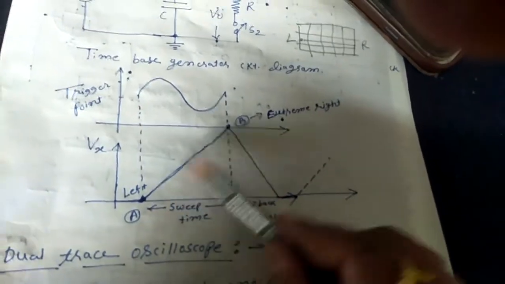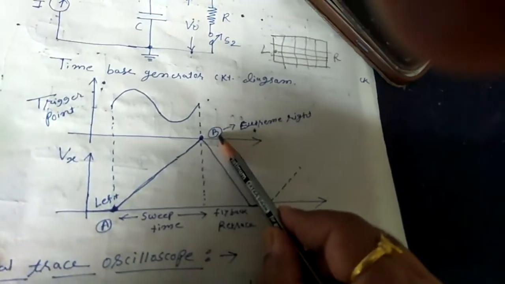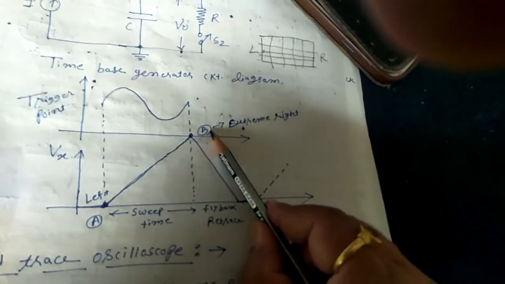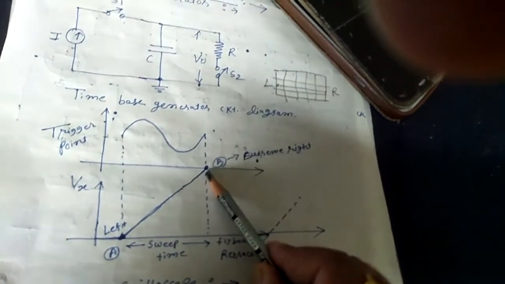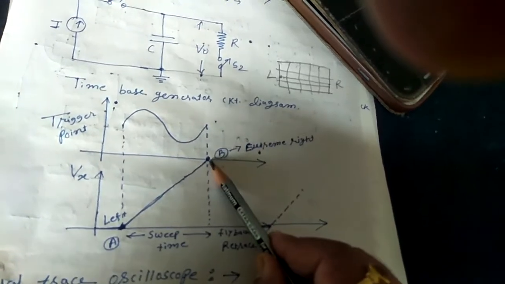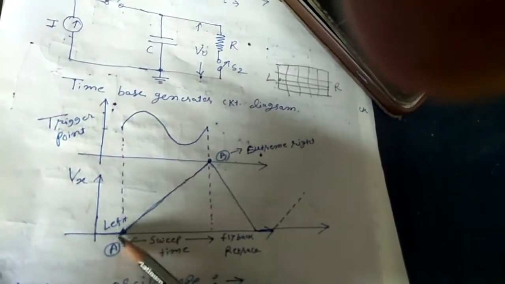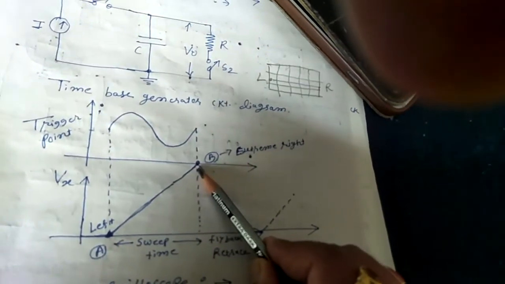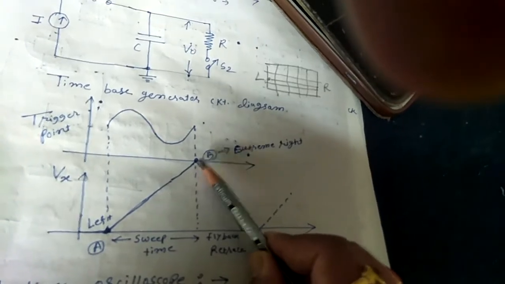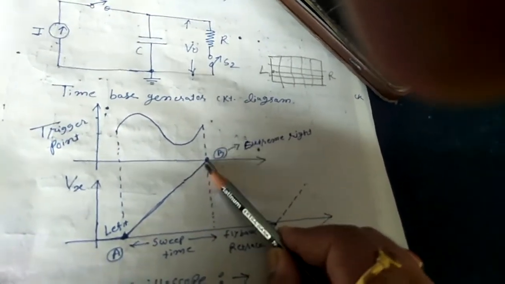As your spot travels from left to right and comes to the right point B, the amplitude of Vx will increase up to its peak value. As it travels from A to B, it increases from 0 to the maximum amplitude of Vx.